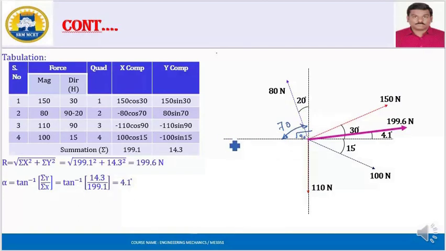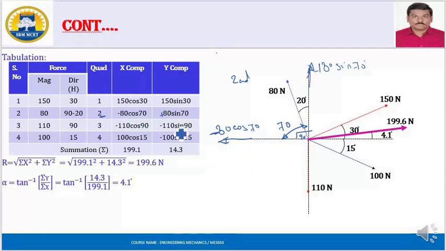If I resolve this, the x component is 80 cos 70 and the y component is 80 sin 70. Here the force is located in the second quadrant, so the x component is negative and the y component is positive.